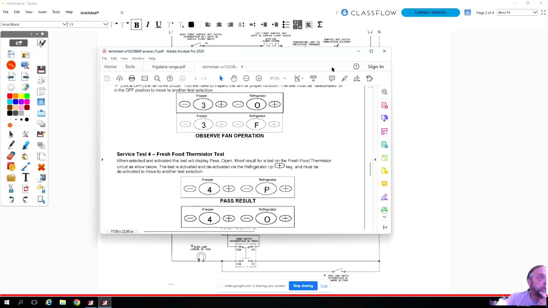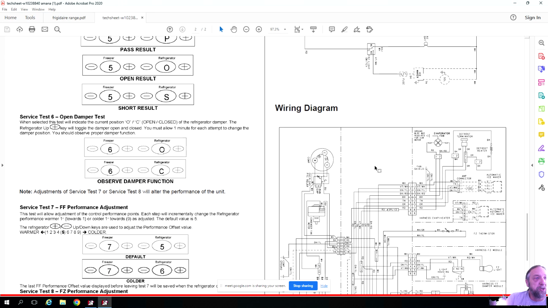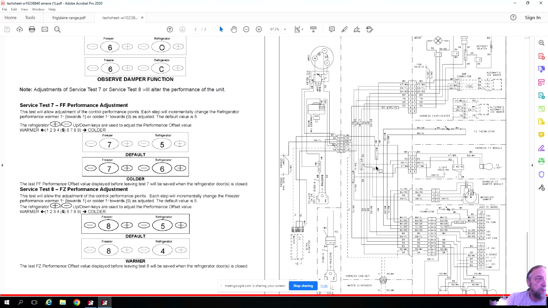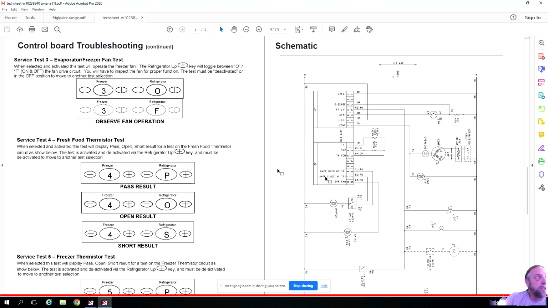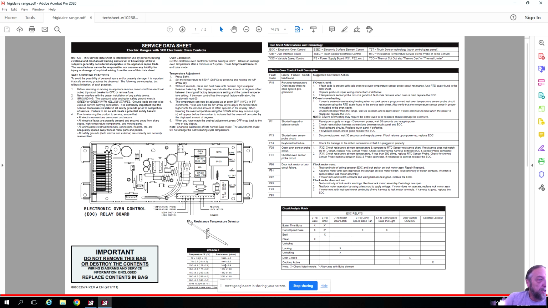So if we look here on the wiring diagram, this diagram doesn't have much in the way of a legend, but a legend would be little images or pictures like this, the RTD scale, what we call the circuit analysis matrix. What this is like when we put the oven to bake or time bake, what switches are closed on that board.